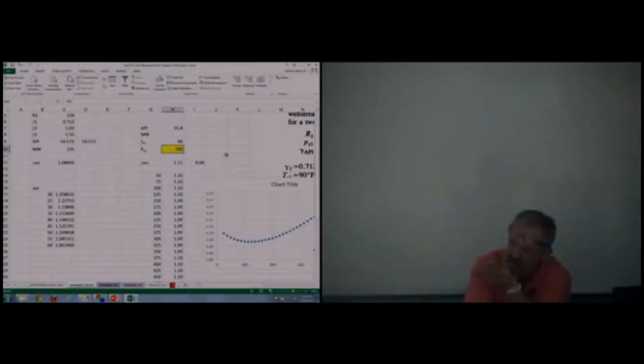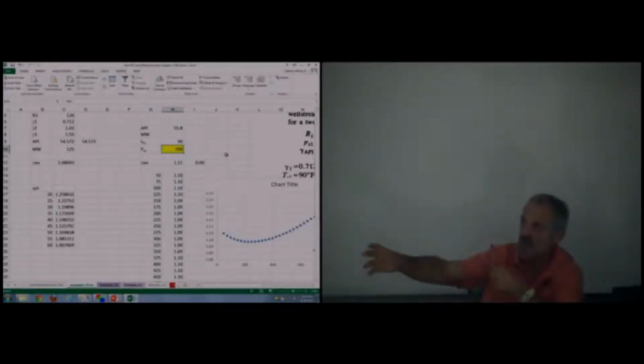Just because I change my separator pressure in this equation, say from 700 to 500 pounds, that does not necessarily mean that my gas gravity actually will go down and my liquid volume will go up. It's not a simulator.